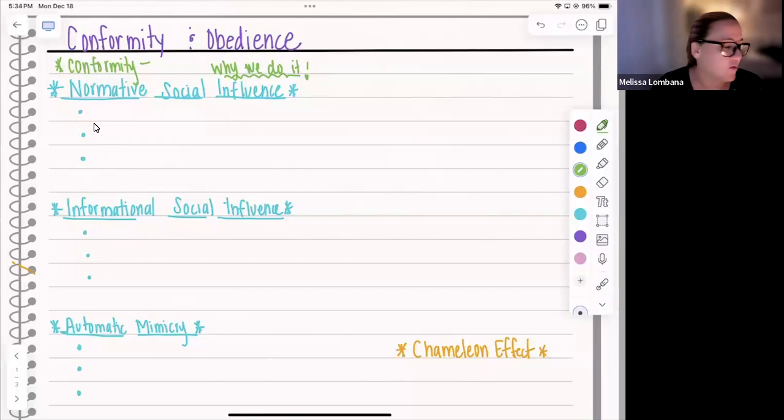So this has more to do with social norms influencing us to conform because we want to belong to the group. We don't want to be an outsider. So this is important. We will conform to the social norm because we want to be part of the group. Okay, we want to be socially accepted. And this happens with everybody.